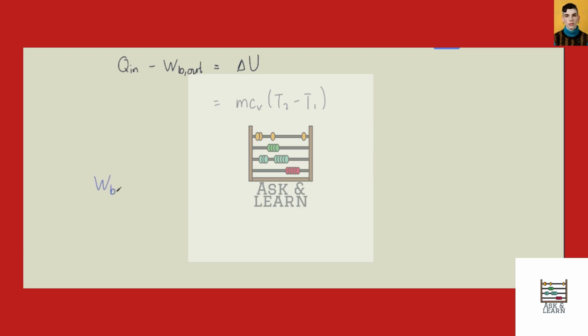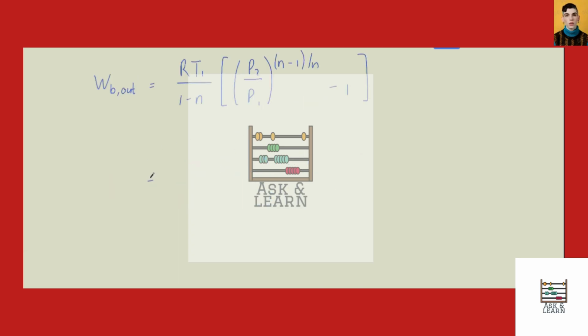And we get the boundary work is equal to R times T1 over 1 minus n, into (P2 over P1) to the power (n minus 1) over n, all this minus 1.